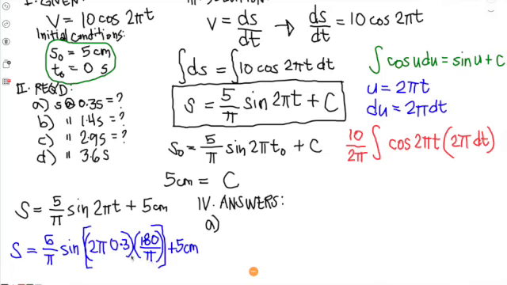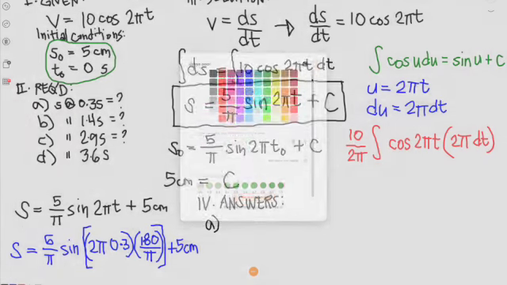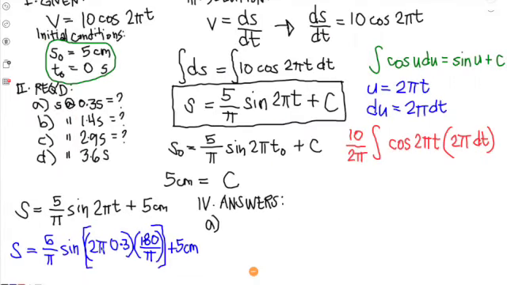Okay, so plugging in our calculators, we cancel pi here, so that would be 2 times 0.3 times 180 degrees.